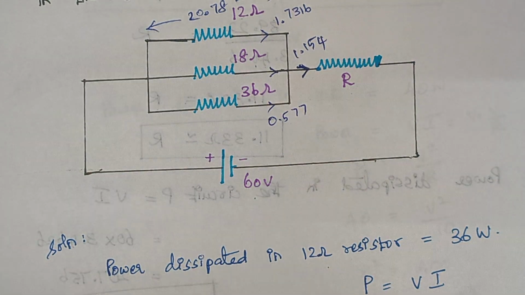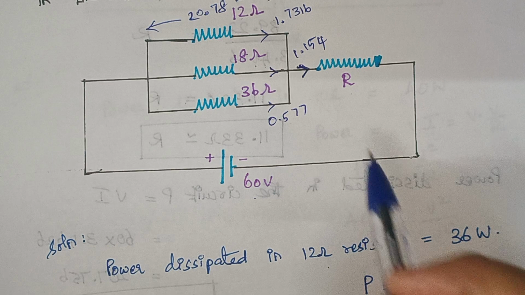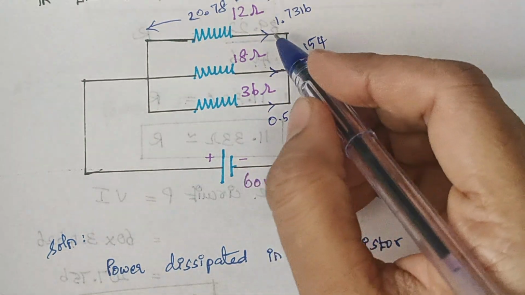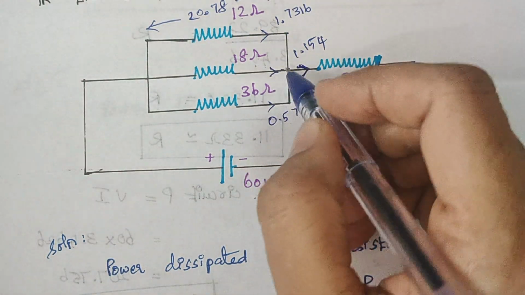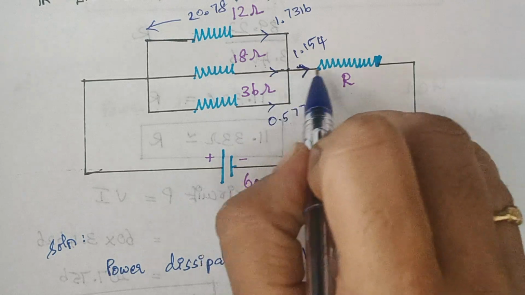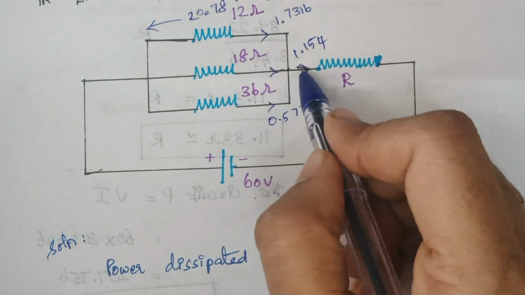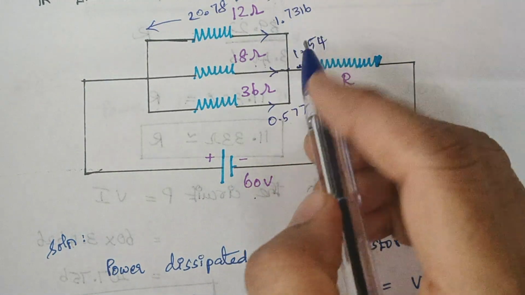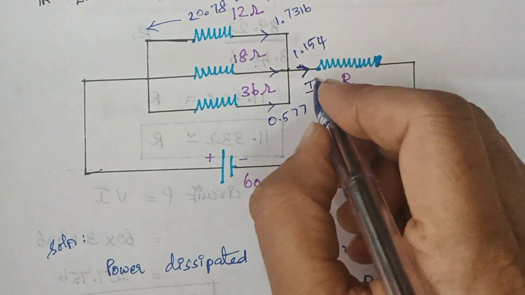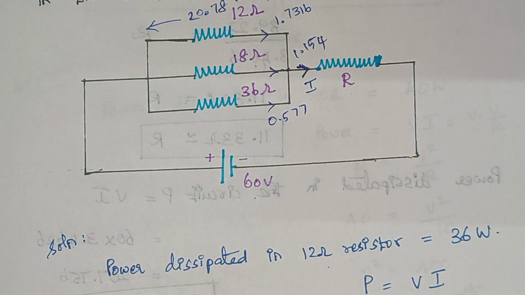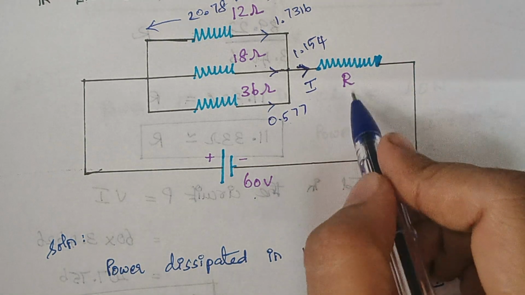This is again by KCL. So this is a node. Sum of currents flowing towards the node is equal to sum of currents flowing away from the node. So when you add all these three currents, we will get the value of I that flows through this resistor R. Already we had calculated the voltage across this resistor.